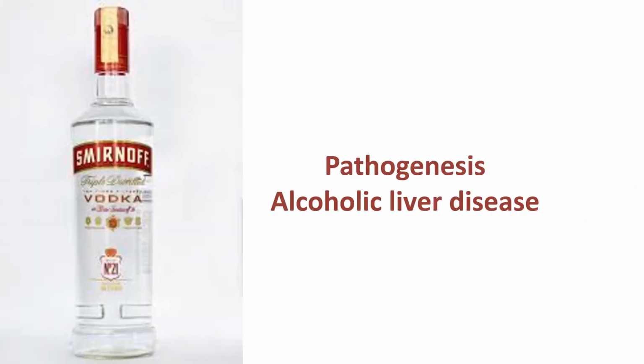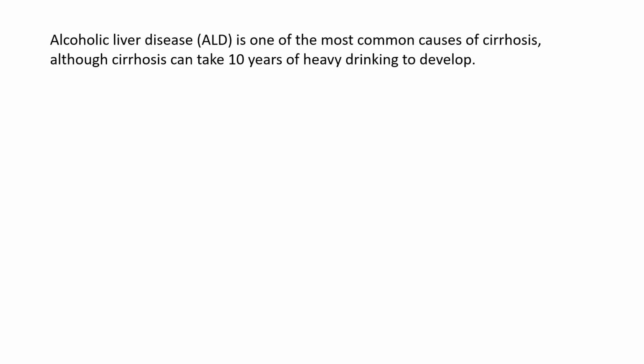Which brings us on to our other pathogenesis that we're going to talk about, which is alcoholic liver disease. So alcoholic liver disease is one of the most common causes of liver cirrhosis. But again, it still can take quite a while to develop. It can take 10 years of heavy drinking to develop.